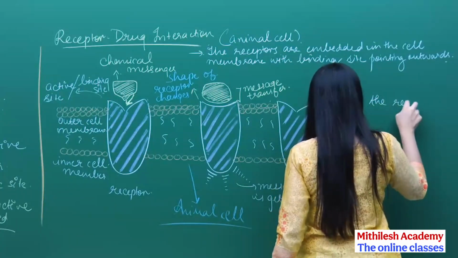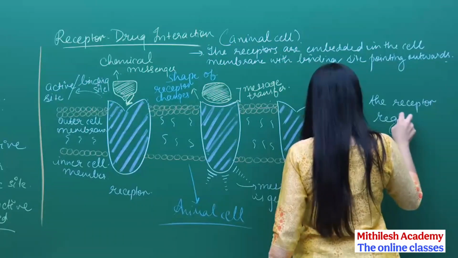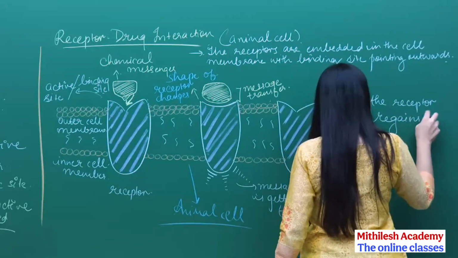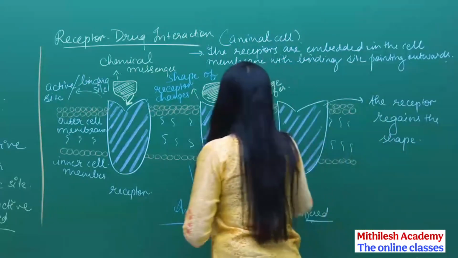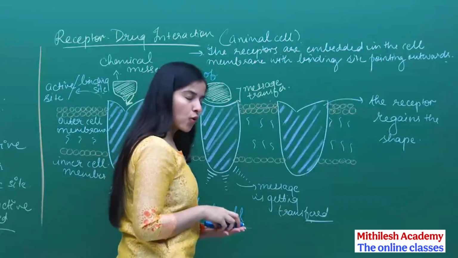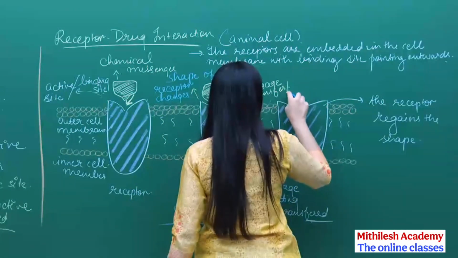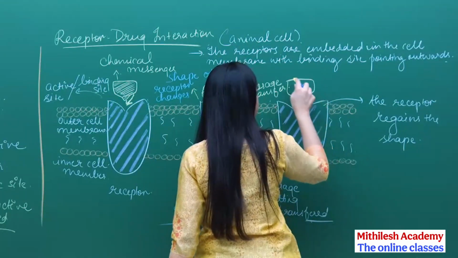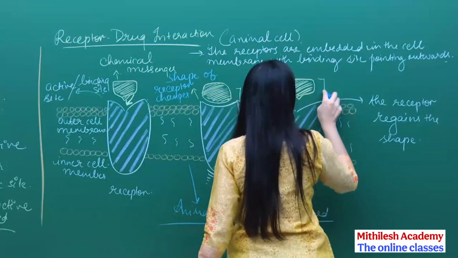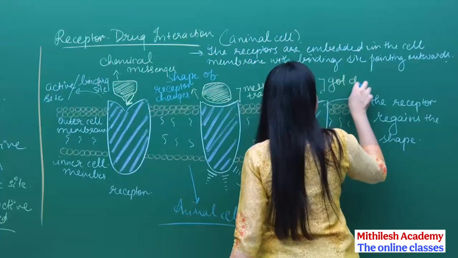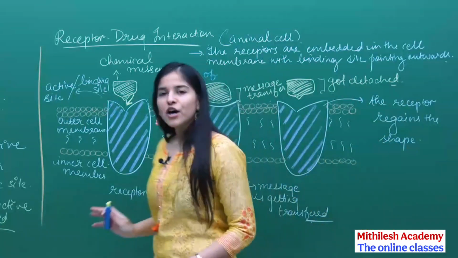The receptor regains the shape, and this very chemical messenger is also now detached from the site, just like in the earlier case. So that is how it is going to get detached. So that is how the process is going to be.